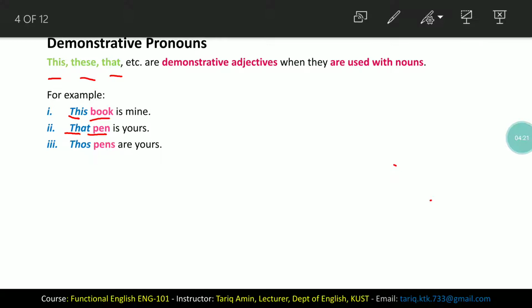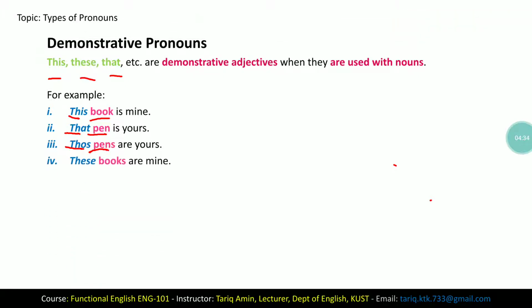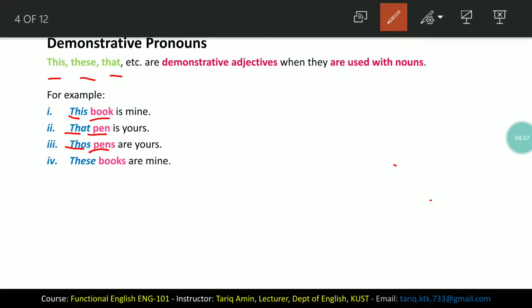Those pens are yours. Those is used as a demonstrative adjective in this example because it is used with the noun pens. And these books are mine. Books is once again a noun and these is used with this noun and it functions as a demonstrative adjective in this example.